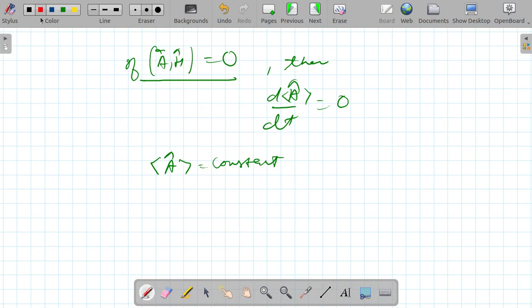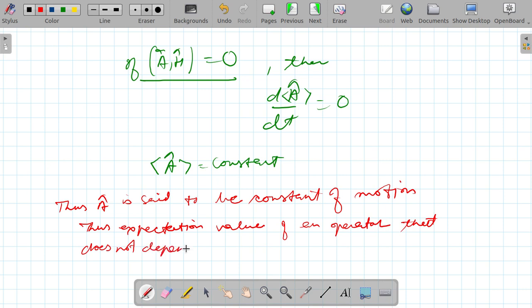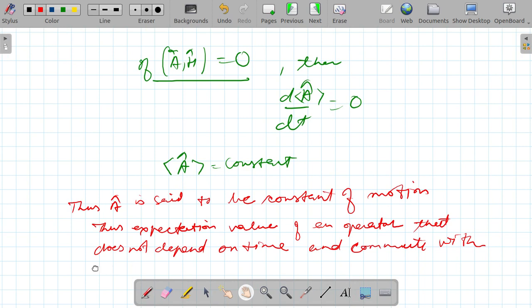Thus, if we summarize this result, an operator is said to be a constant of motion, and thus the expectation value of an operator that does not depend on time and commutes with the Hamiltonian is a constant of motion.